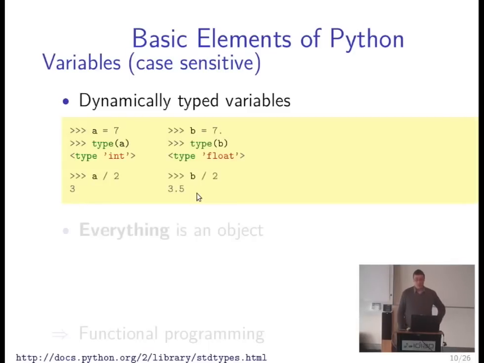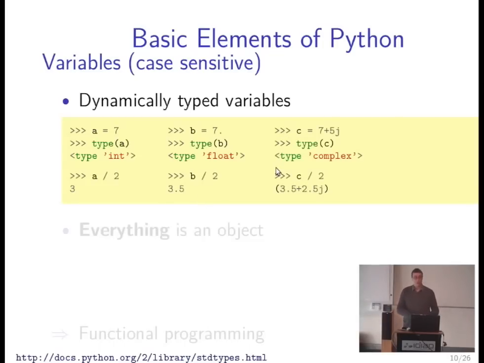When you do the same trick, but instead of writing an integer literal, you write a float literal, then magically the type of the variable will be float, and any operator used will be the float operator.